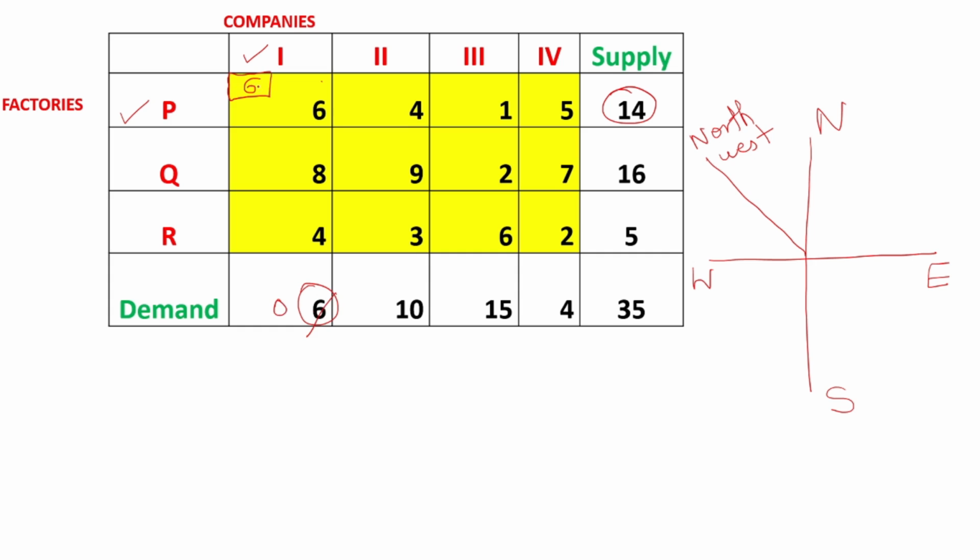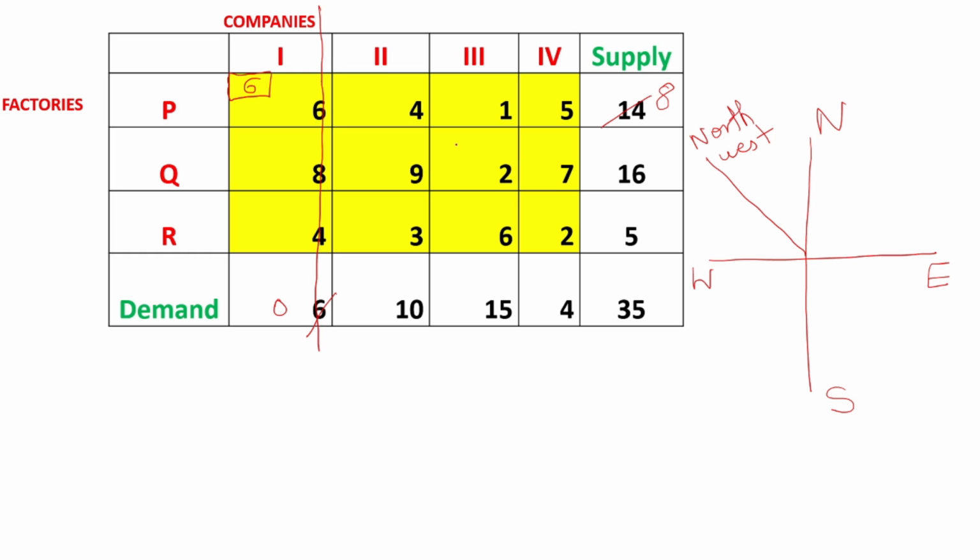Out of 14, 6 is taken, so only 8 will remain. Whichever row or column becomes 0, you have to cancel that row or column. Now this column has become 0, so we cancel column 1. It won't be considered in further calculations.